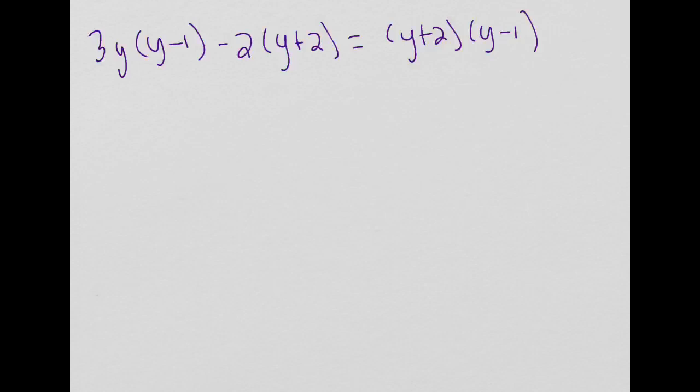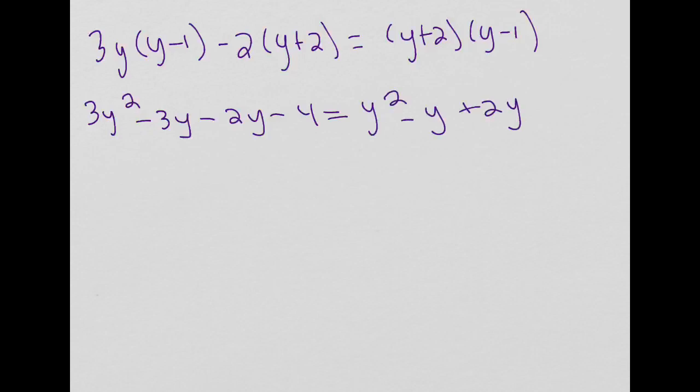Let's go ahead and distribute. This leaves me with 3y squared minus 3y minus 2y minus 4 equals y squared minus y plus 2y minus 2. Now we need to combine like terms.